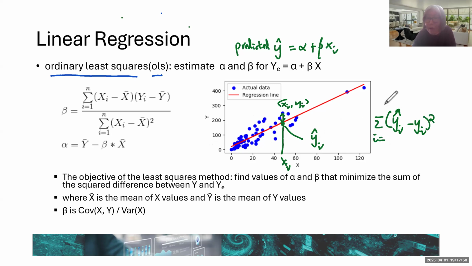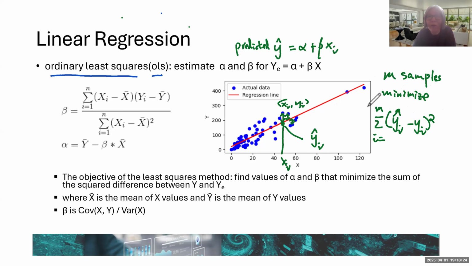We have m samples, and you try to minimize this. If you can find the best one that minimizes all of the squared differences, then we say this line is the regression line, the best fit one.